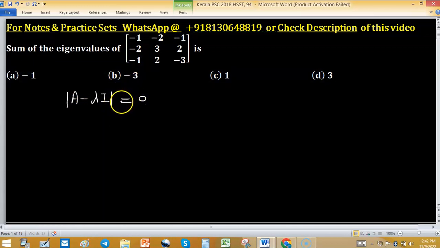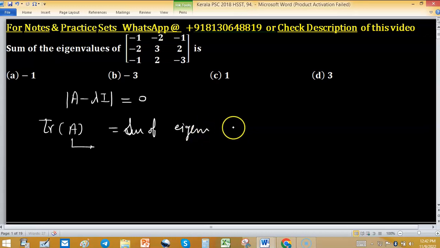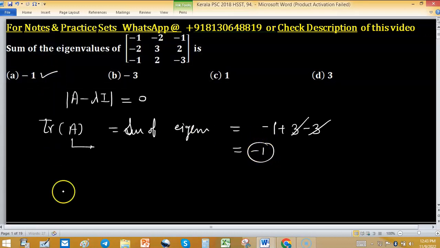But there is no need to find the exact values of the eigenvalues, because we need to tell the trace of this given matrix A, which equals the sum of eigenvalues, and the sum of eigenvalues will be minus 1 plus 3 and minus 3. These cancel, so minus 1 is the value. Option A is correct.